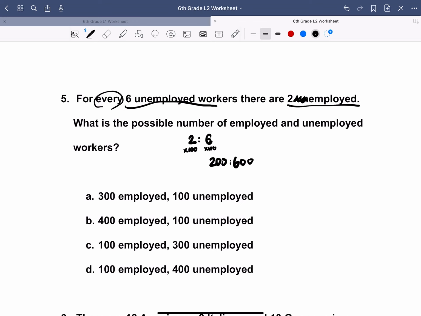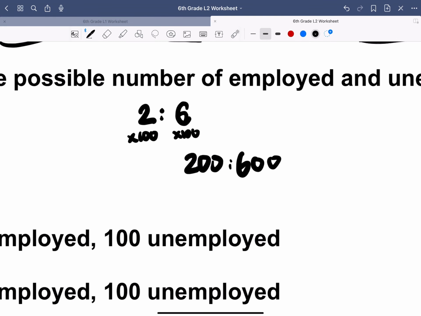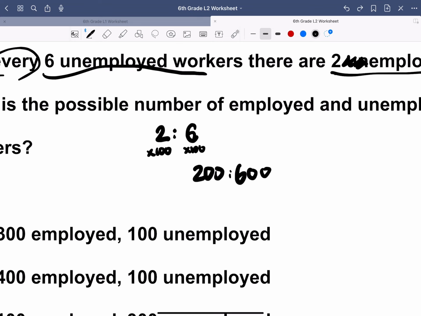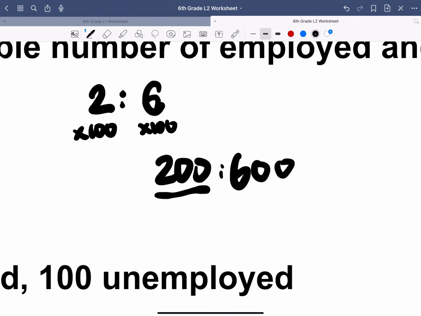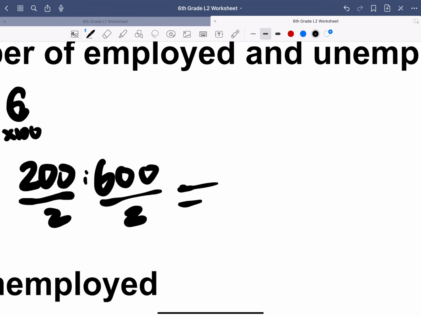No, it actually sounds weird. Maybe we can reduce this. Oh yeah, we can. I accidentally multiplied by 100 too many times. So we'll divide this by 2. We'll also divide this by 2, and our ratio here will be 100 to 300.